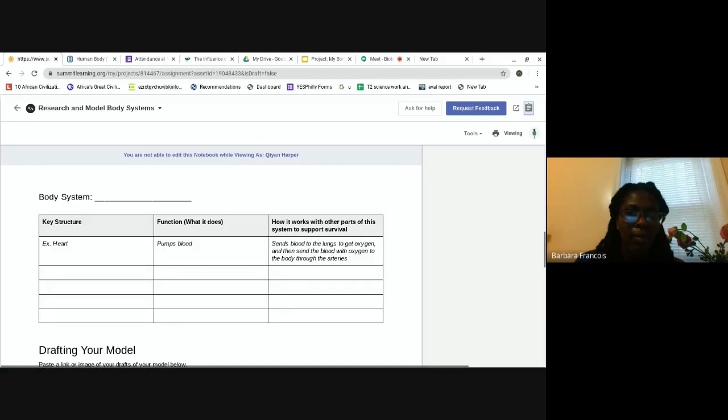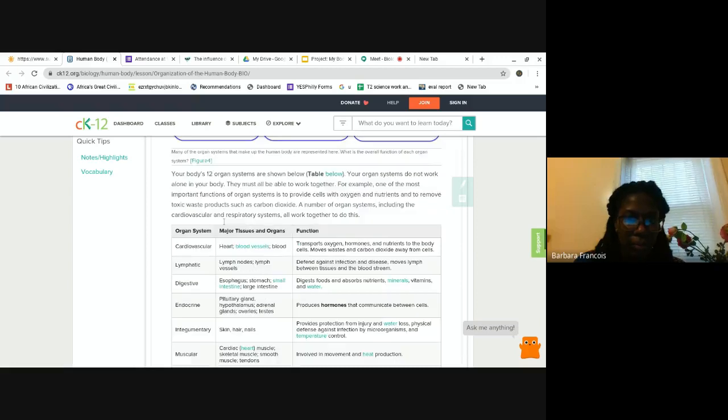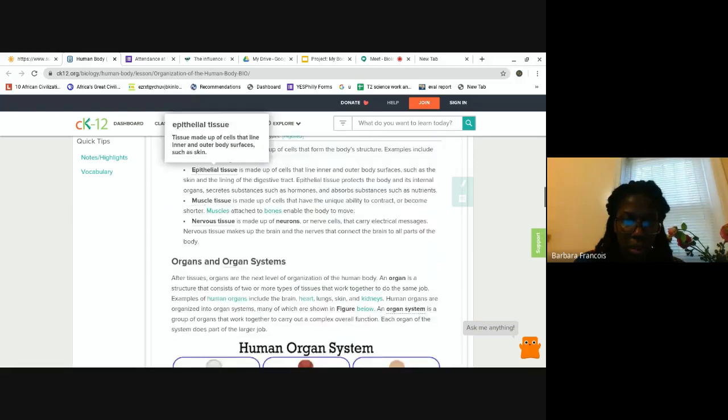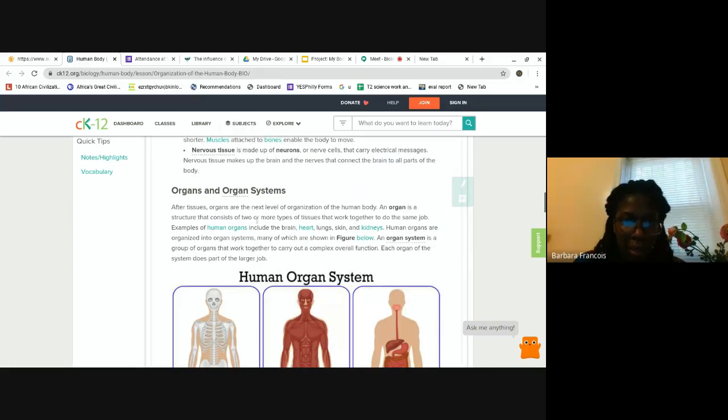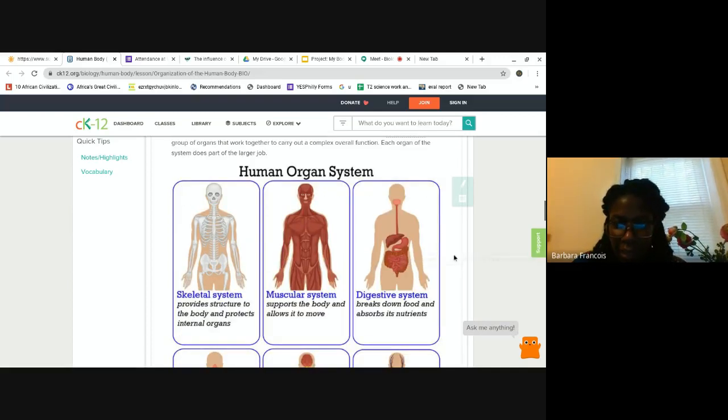Systems are made up of organs, right? An organ is a structure that consists of more. The human organs are organized into organ systems. So whatever your system is, it has all those different organs: the stomach, the liver, the esophagus, the throat, the large intestine, small intestine.